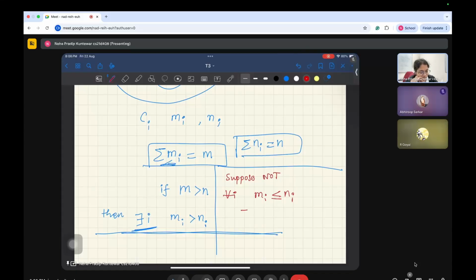So if I sum this, summation mi will be less than or equal to summation ni. But this is nothing but m, which we observed here, and this is nothing but n, this is what we observed here, which is a contradiction to the assumption that m was greater than n.